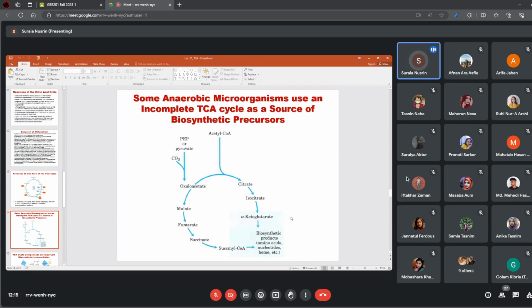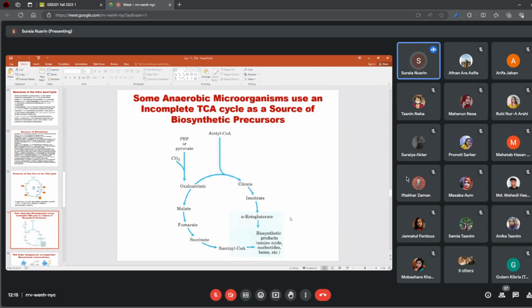But there are some organisms, specifically anaerobic microorganisms, that have a TCA cycle, but it is different from the complete TCA cycle. And that TCA cycle has a different purpose. The purpose is that they use that TCA cycle to produce the biosynthetic precursors.